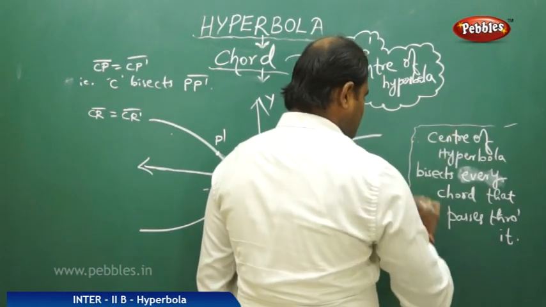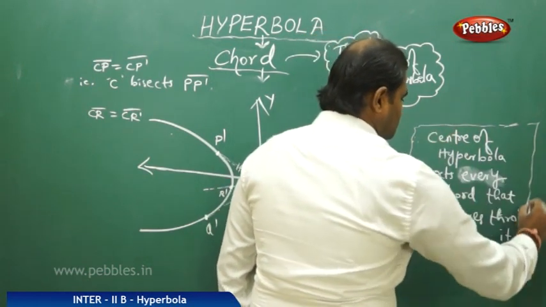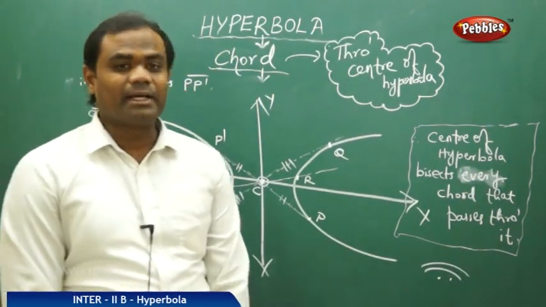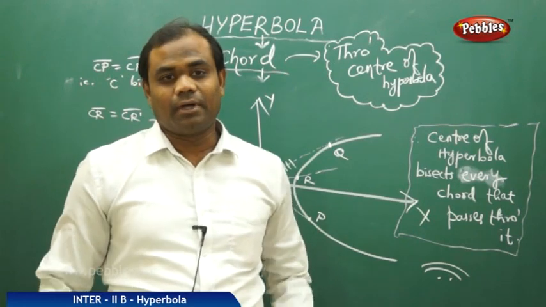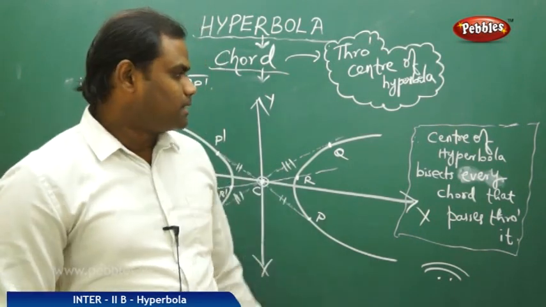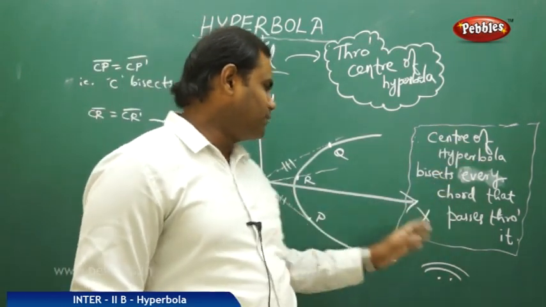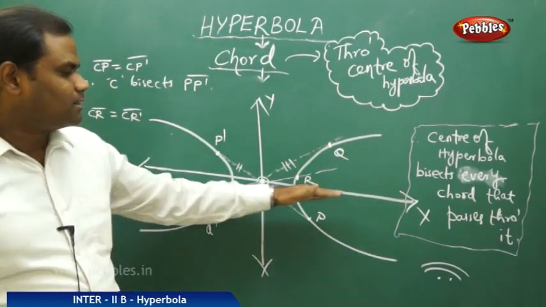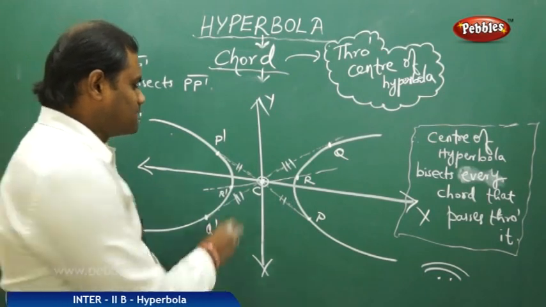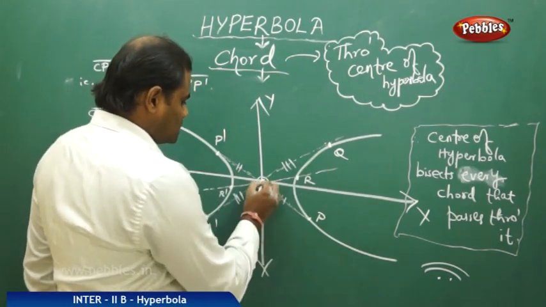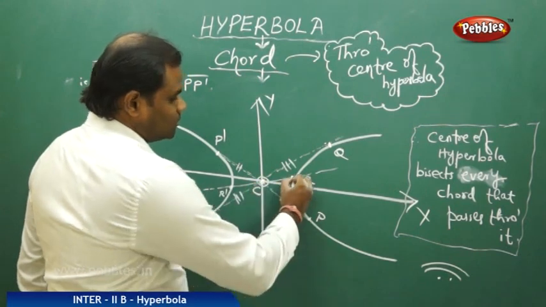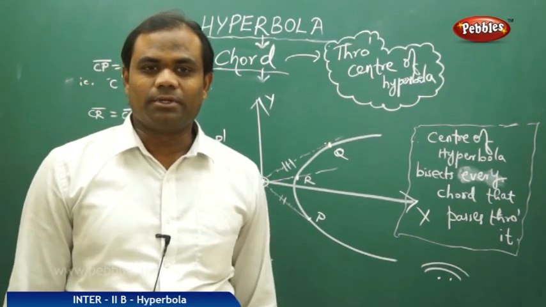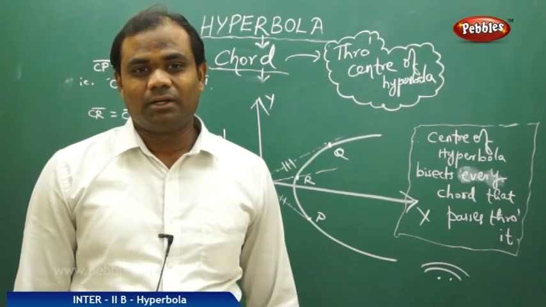This is how I identify the geometrical property connecting the center of the hyperbola with the chord. Any chord I take which passes through the center is bisected. This equals this, and this equals this. This is how we understand the geometric property of the center of the hyperbola connected with the chord.